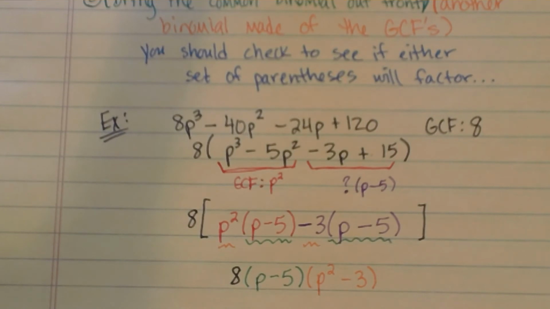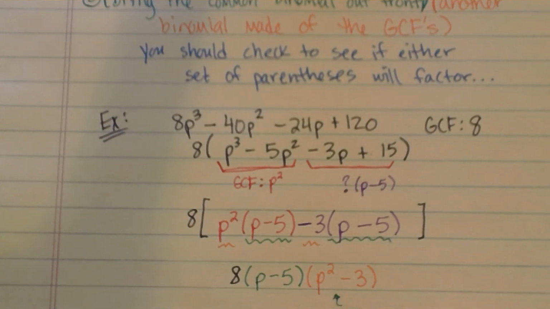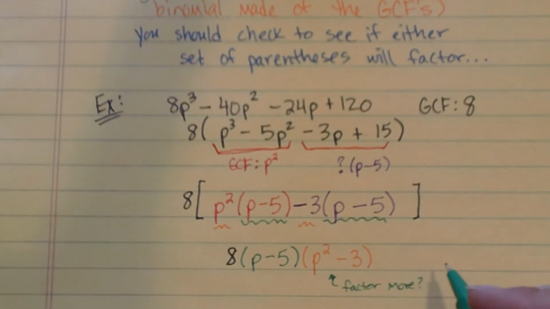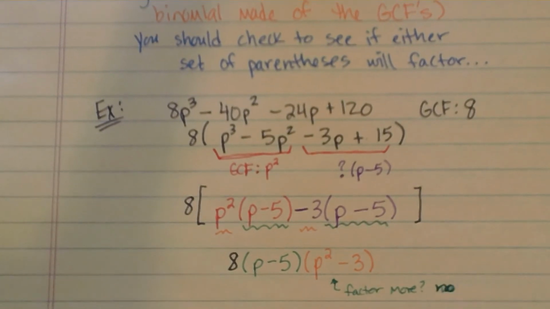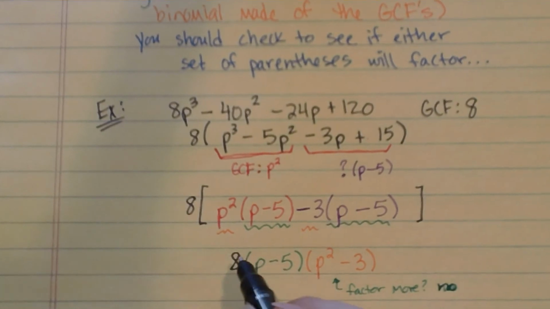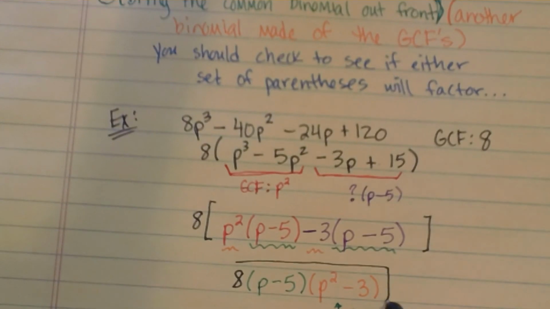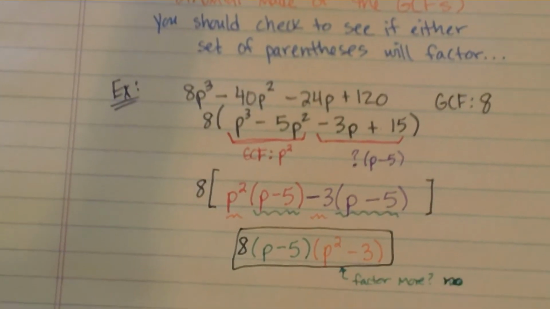And then I'm going to check to see, does p squared minus 3 factor anymore? And it does not factor using integers, so for now the answer is going to be no. And then that will be our final answer that we could check by foiling and then distributing that 8.